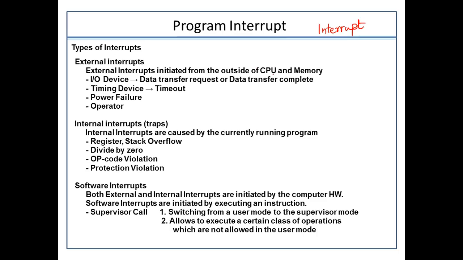Usually these interrupts fall under three categories: external interrupts, internal interrupts, and software interrupts. When I talk about external, it means the interrupt has not been generated by any internal component, but by some external entity, like an input output device.